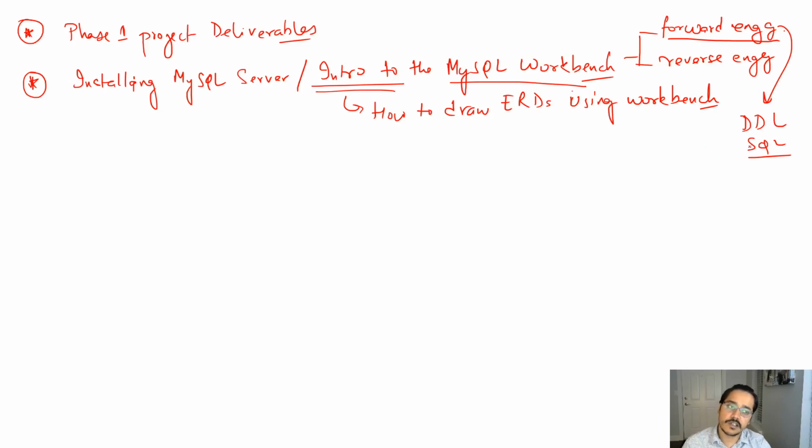And vice versa, if you have the data definition language SQL code and you would like to assess the robustness of your database design, you can use the reverse engineering capabilities to generate the ER diagram for that specific code.